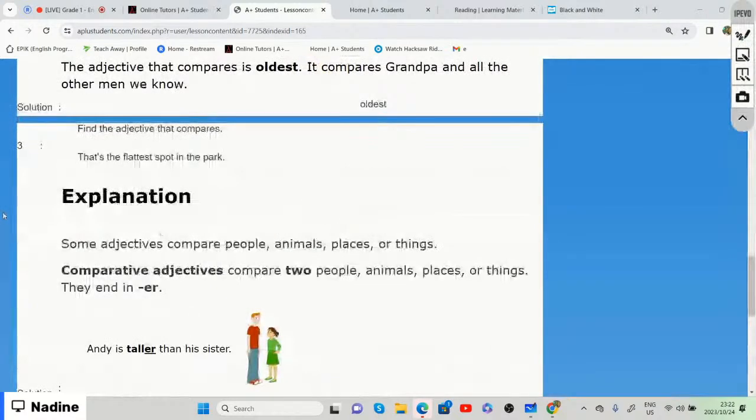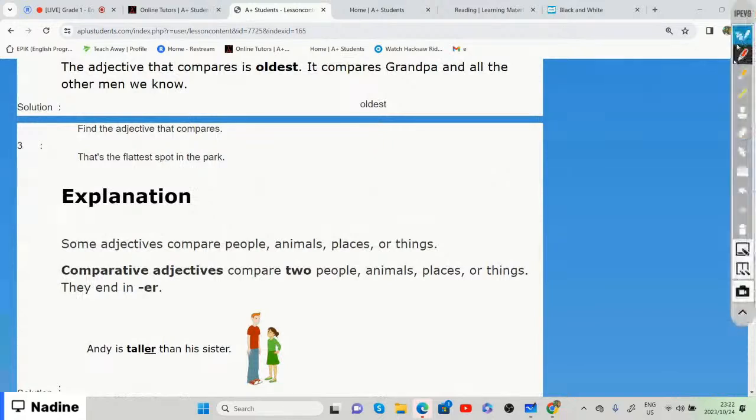And then we need to find the adjective that compares. That's the flattest spot in the park. If we find the adjective that compares, we can say flattest. So flattest is our adjective that compares.